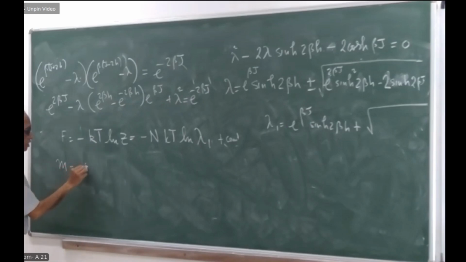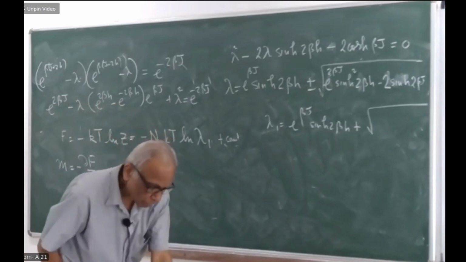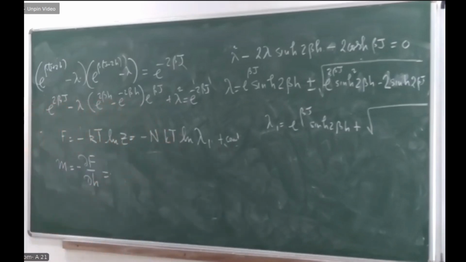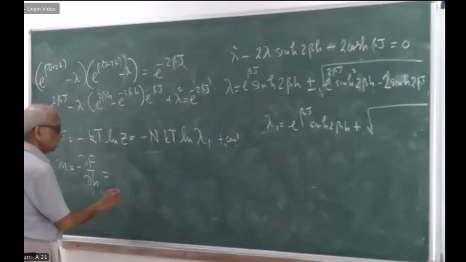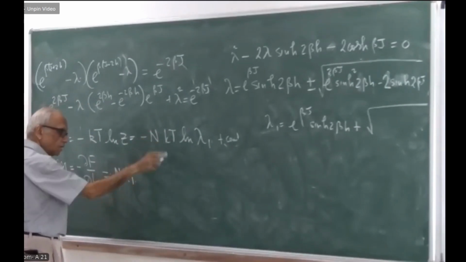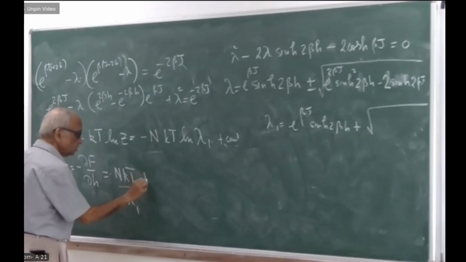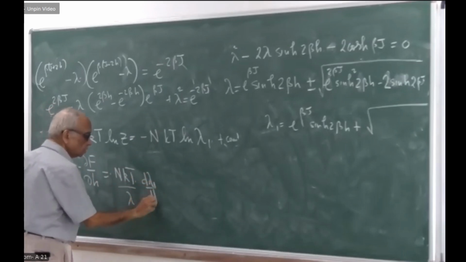The magnetization is minus del F del H at constant T, and therefore I need to calculate this. This is equal to N kT over lambda 1, and then it is d lambda 1 dh.